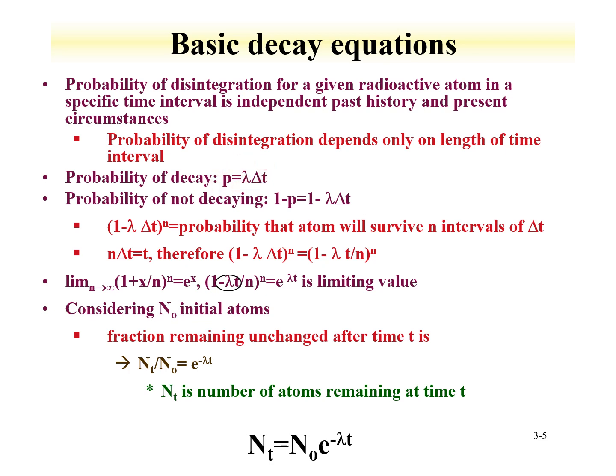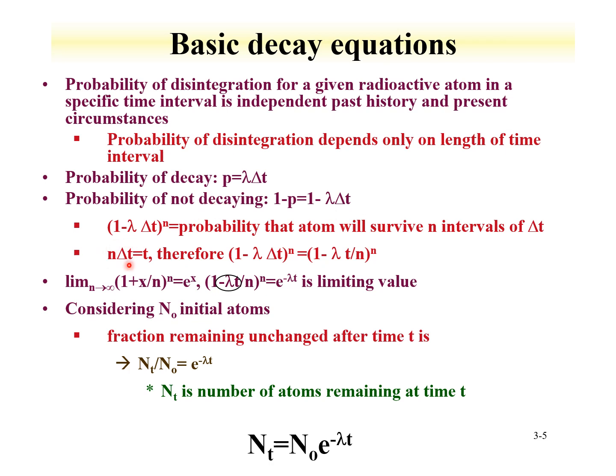The probability of it not decaying, well, it's 1 minus that p, right? So 1 minus the decay constant times the time interval. So the probability that an atom will survive n intervals of this delta t, we take this, we expand that equation, (1 minus lambda times delta t) to the n, and then we get n delta t, well, that's just equal to our time, right?